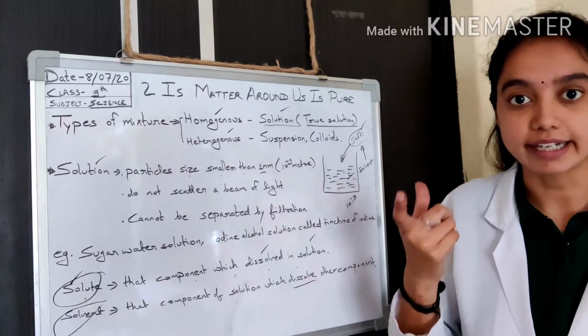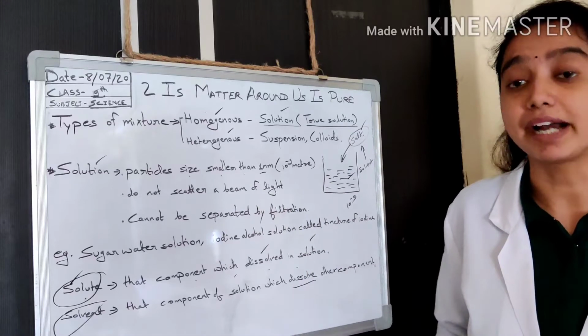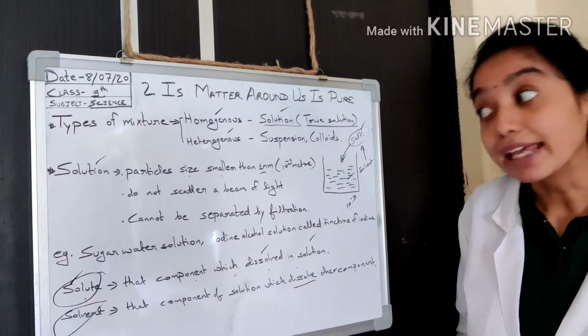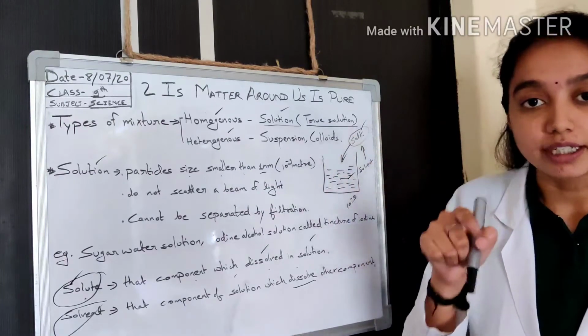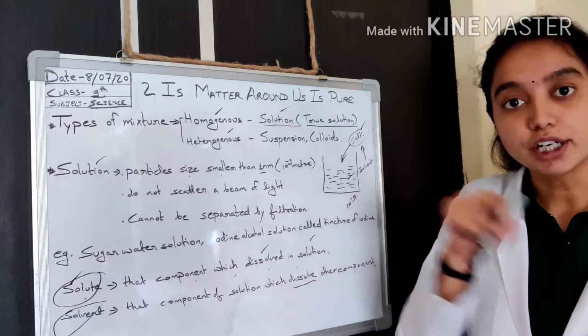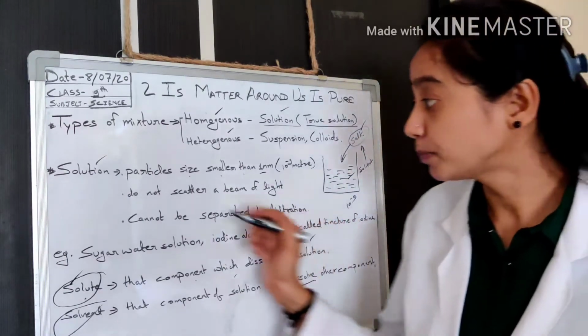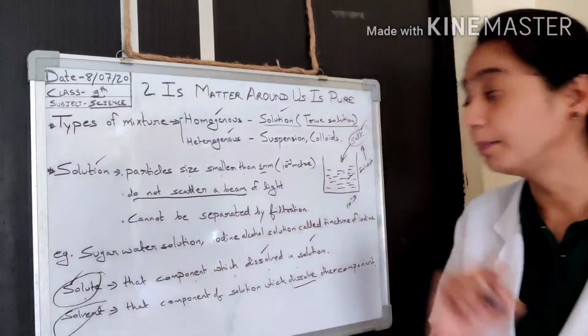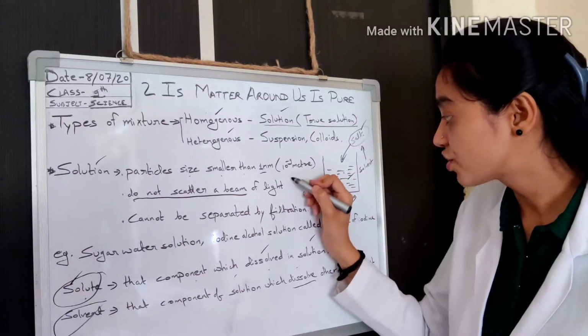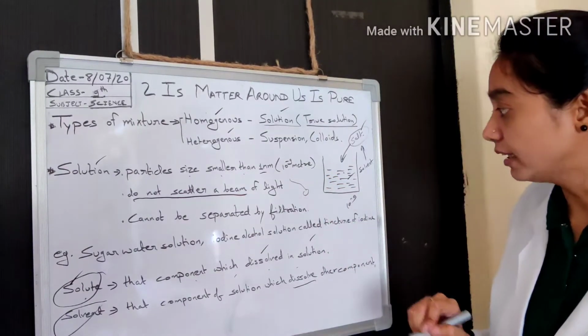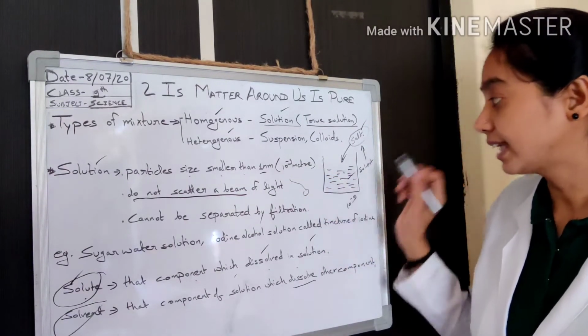If we want to see these particles, we have to use a microscope. You can't see salt or sugar in the liquid after dissolving. The next property is that it does not scatter a beam of light. Whenever light strikes a solution, it does not scatter it.